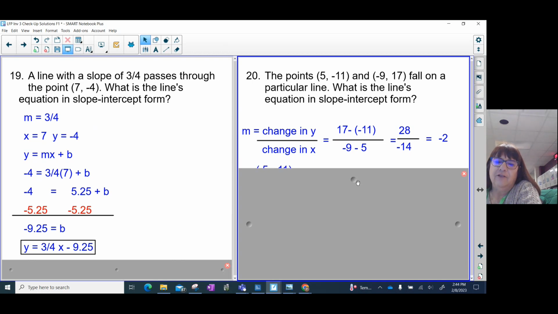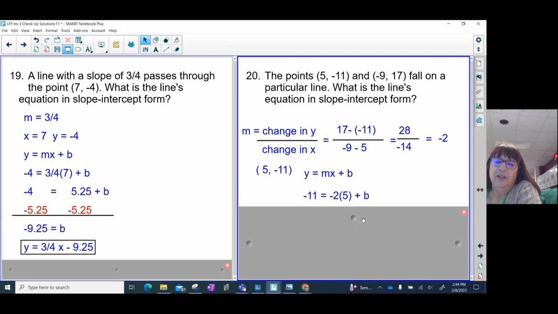I'm going to use that -2 with either point. I'm choosing to use 5, -11. I'm going to plug those, my y value, my x value, and my m value. So -11 is my y. M is -2. We found that up here. And x is 5. So -11 is equal to -2 times 5 plus b.